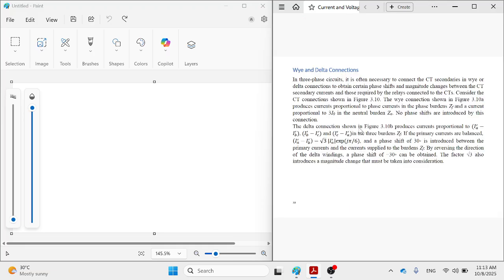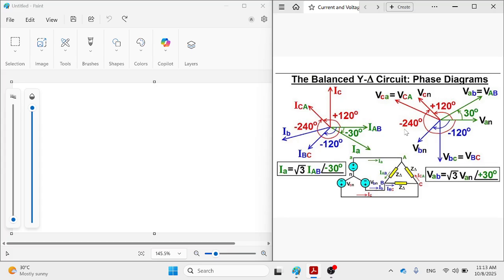Then the Y delta connection, which I explained a bit during the class. I mentioned the meaning of that. On the left-hand side, you can see the current equation related to delta. This mostly comes from delta. Why for delta? Because for delta, V phase equals V line, correct?